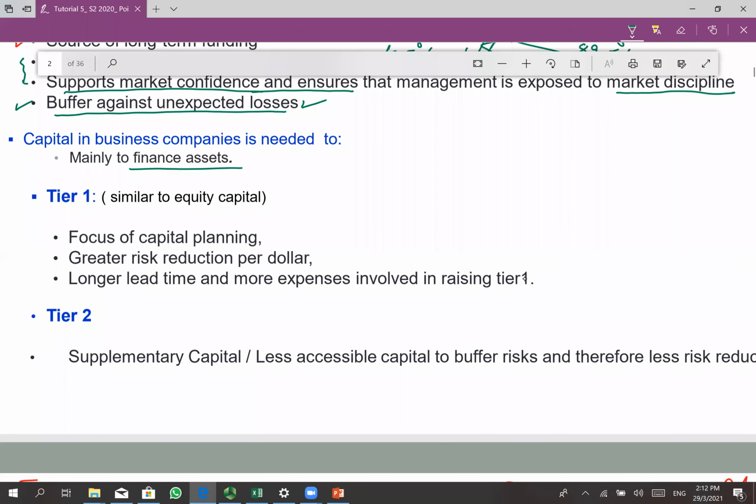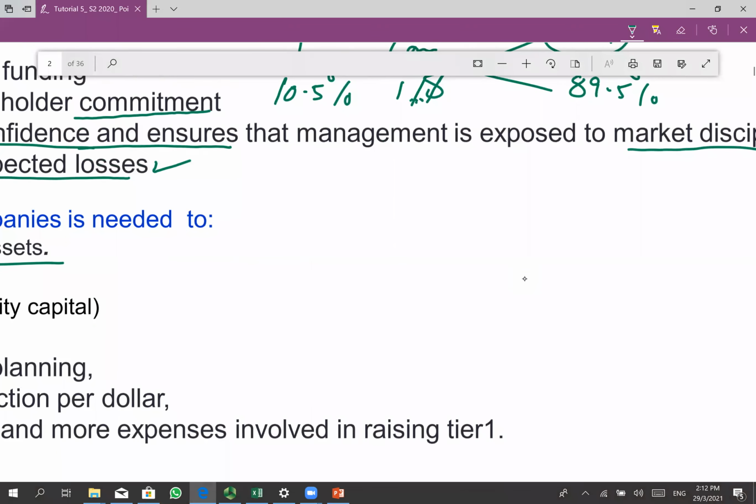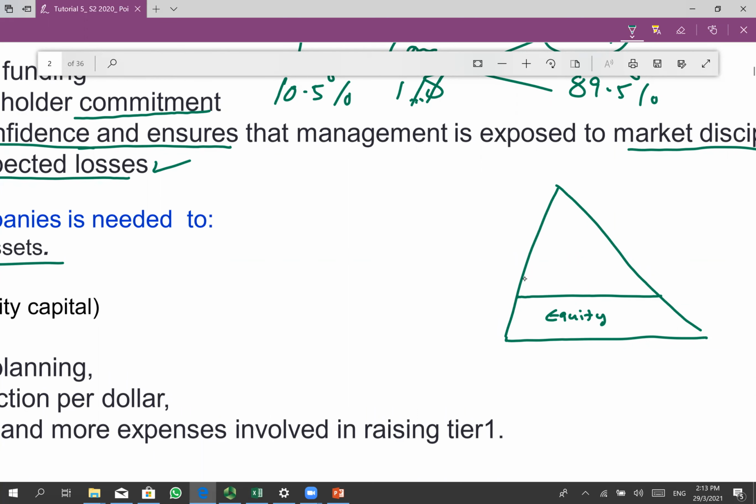Now, when we come to the capital, I want to show you this, and I will show you this in week 12. This is just for explanation. Don't worry about it. Capital is like this pyramid. Now, this one is the equity, which we know it incorporates.